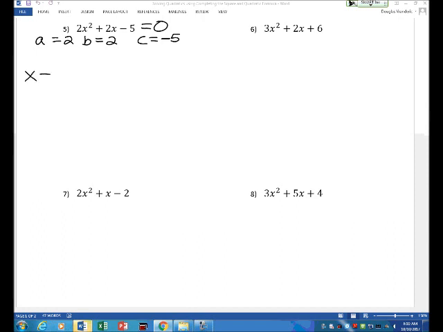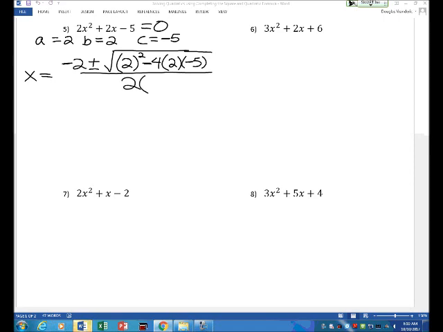So here we go. X is equal to the opposite of B, plus or minus the square root of B squared, 2 squared, minus 4 times, what are they? 2 and negative 5, all over 2 times 2.